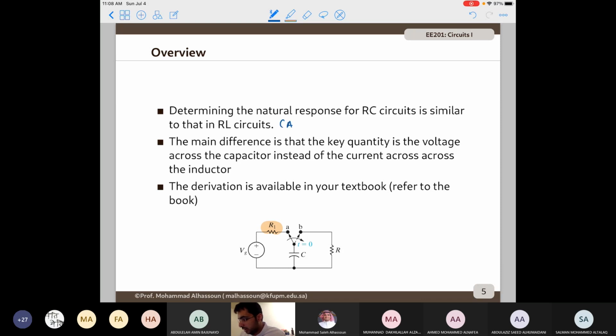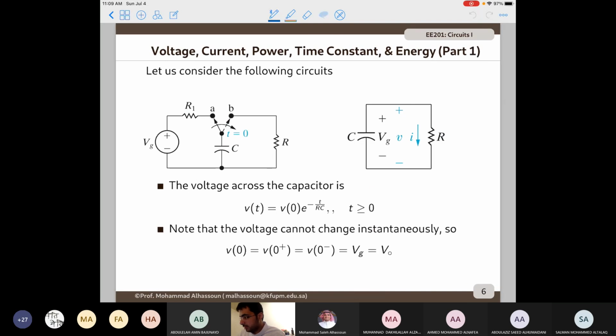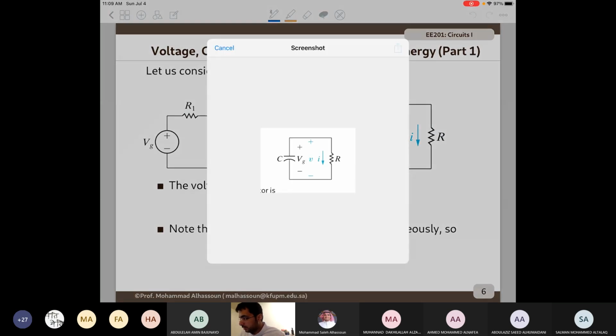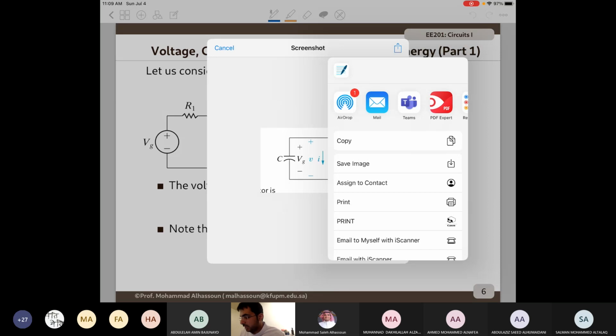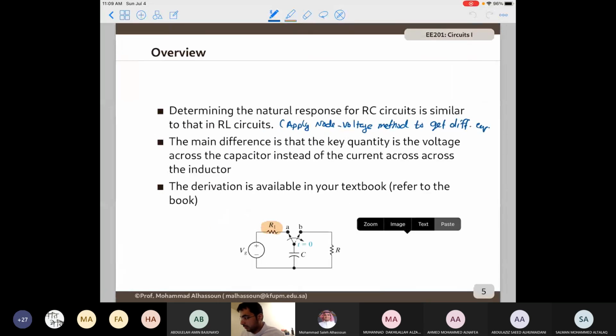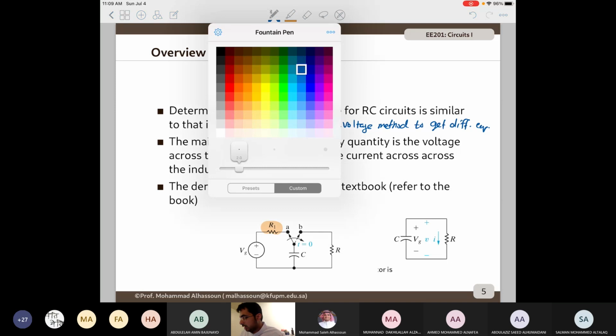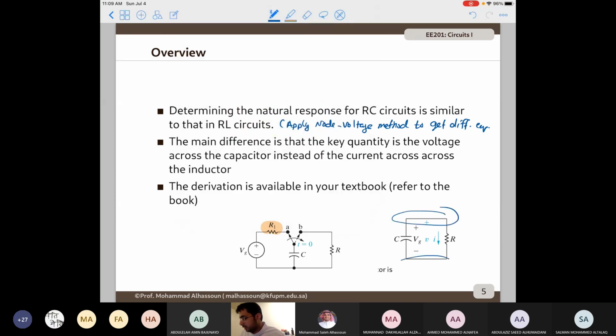So you need to apply the node voltage method. So you take this. So this is the case for t greater than 0. This is what happened for t greater than 0. And if you apply the node voltage method here, you have 2 nodes actually, or you can apply this one and that one.